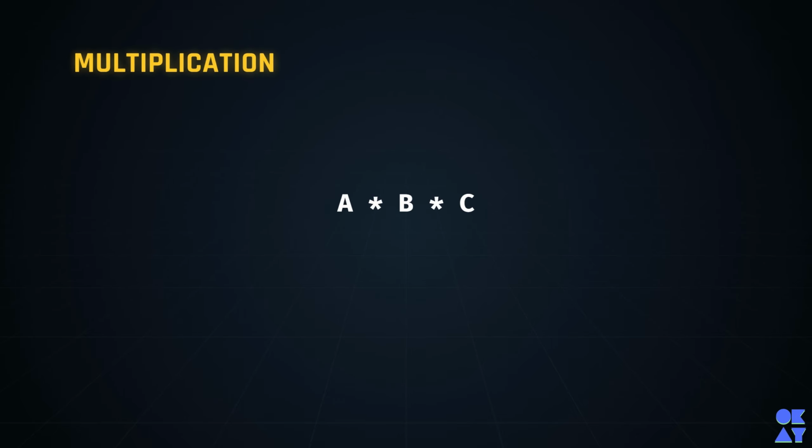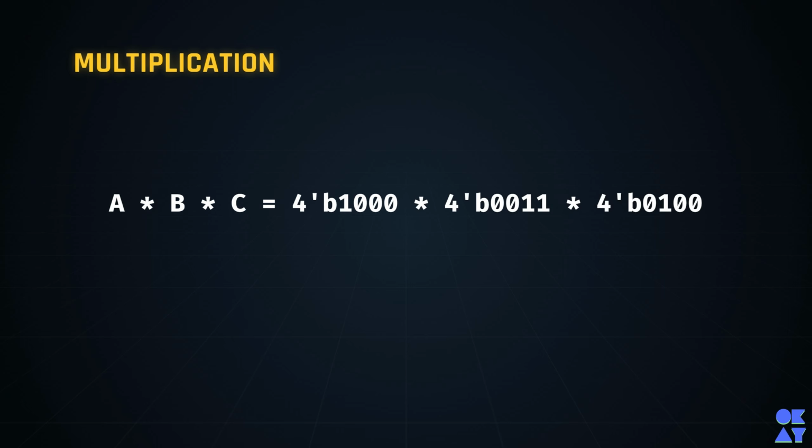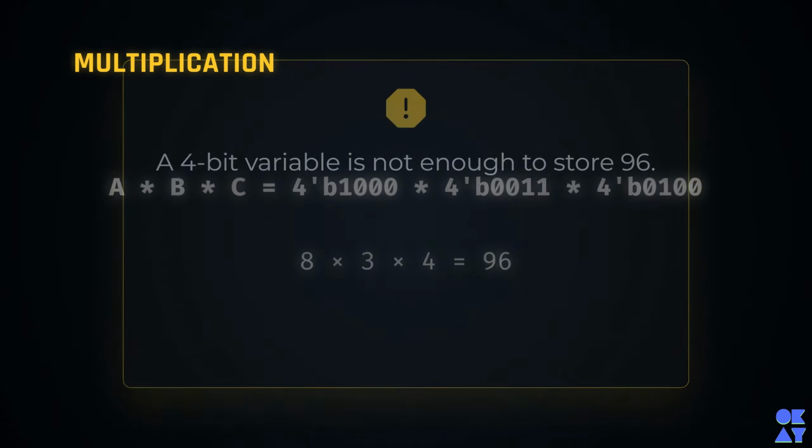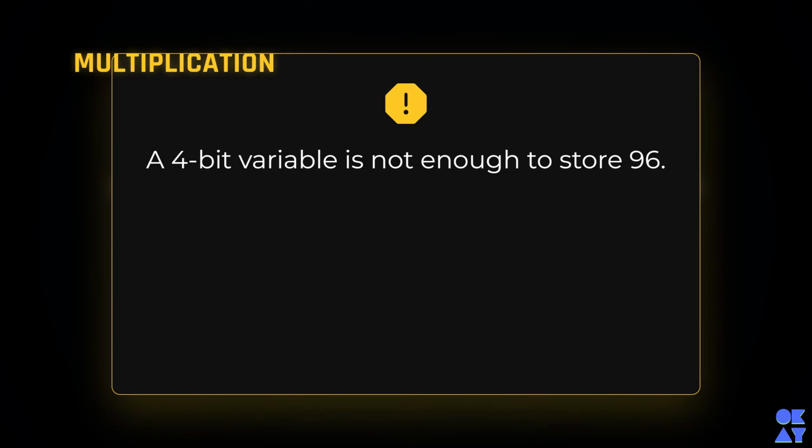Multiplication. A times B times C. So 4'b1000 times 4'b0011 times 4'b0100. That is, 8 times 3 times 4 equals 96. Now here is the important point.